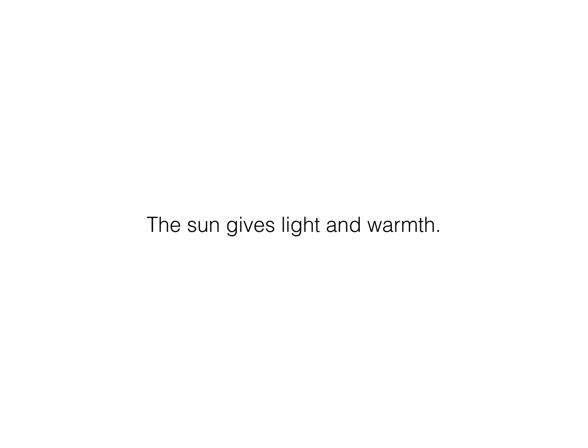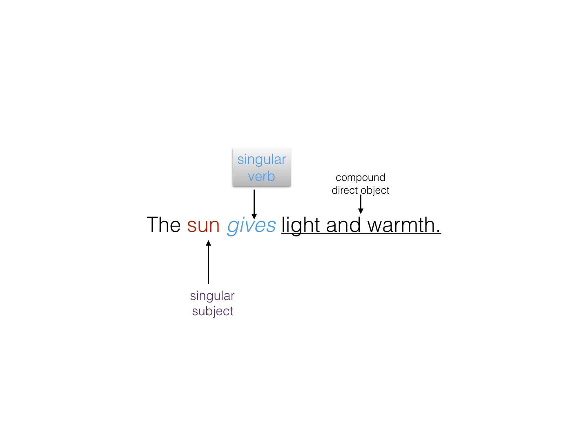Here's another example. The sun gives light and warmth. Now, here we have a singular subject. Our singular subject is the word sun. And then we have a singular verb, and our singular verb is gives. We have a compound direct object in this sentence, and the compound direct object is light and warmth.